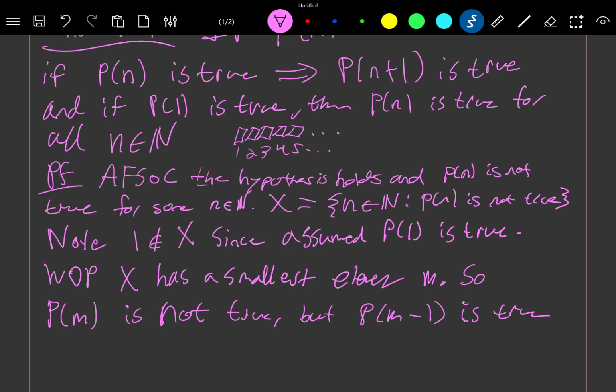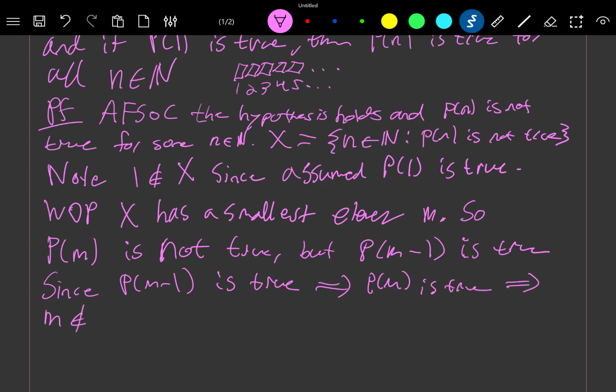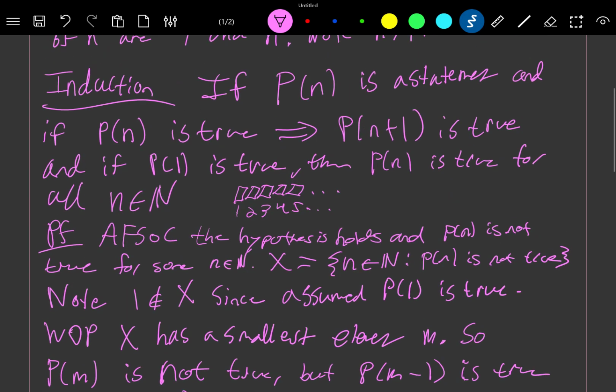So we know P of m minus 1 is true, but by assumption this implies P of m is true. But this implies that m is not in X, so this is a contradiction. So from this, we just proved the statement of mathematical induction.